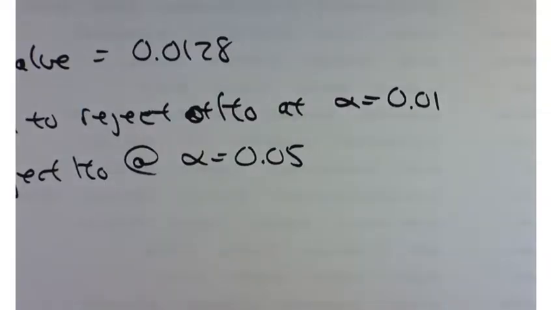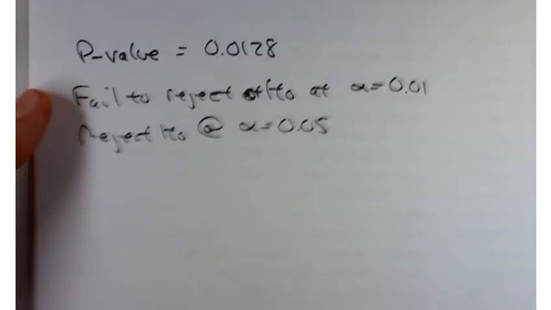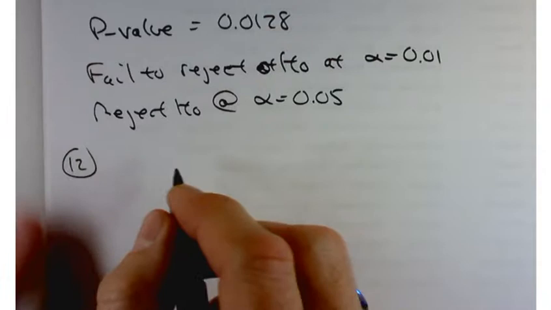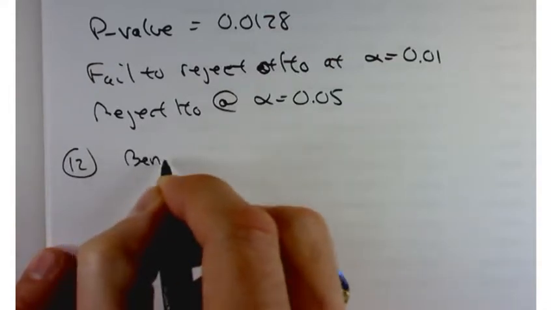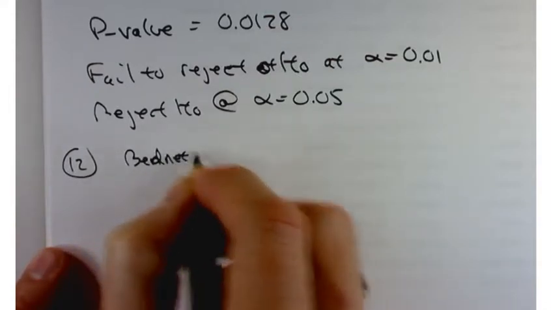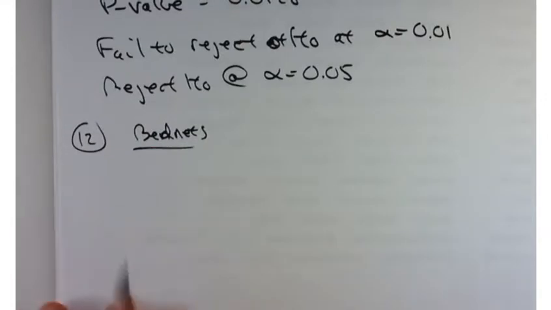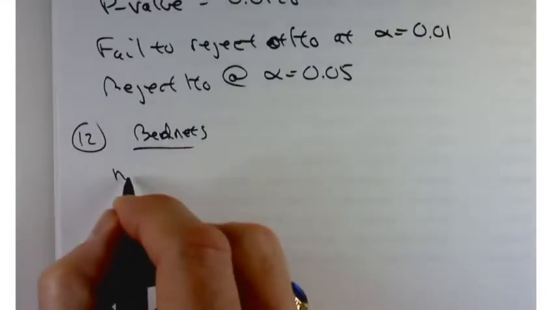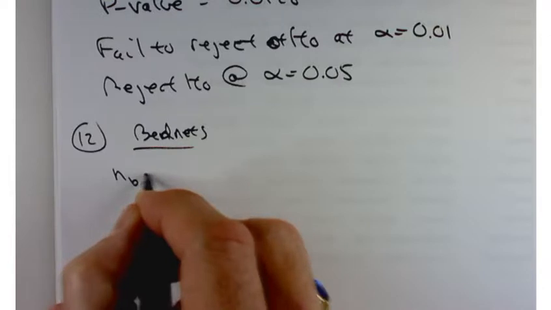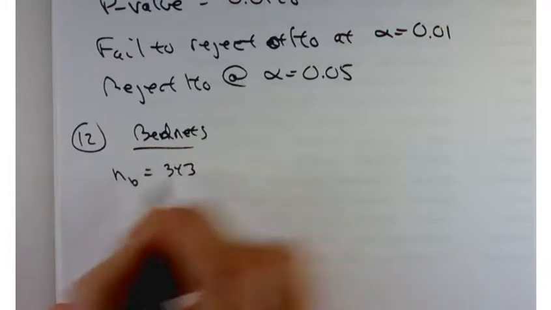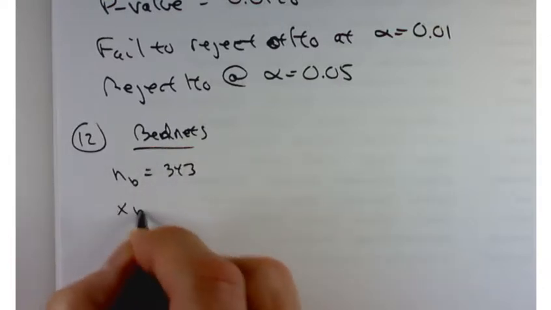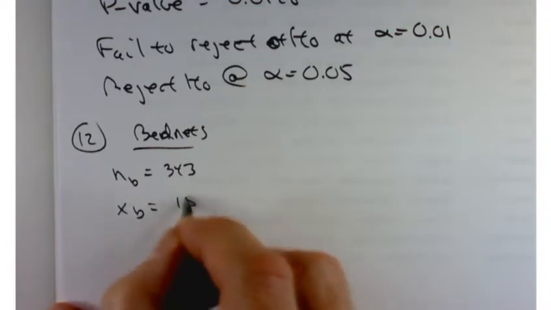Okay, so let's write down some summary statistics for ourselves and look at making a hypothesis test. For bed nets, our population, call it N sub B, was 343, and X sub B was 15.